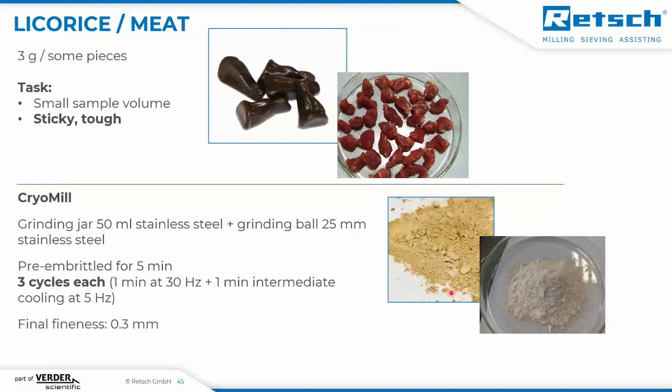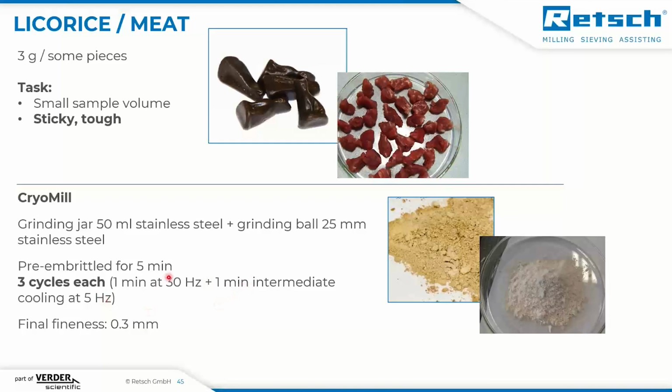Here with the cryomill, we can just increase the time for the pre-embrittlement to 5 minutes. And then we can work in so-called cycles, which means we grind the sample 1 minute at 30 hertz, and then we interrupt it for 1 minute at 5 hertz. We just slightly move the sample inside so that it doesn't freeze with the board, so it's just movable.